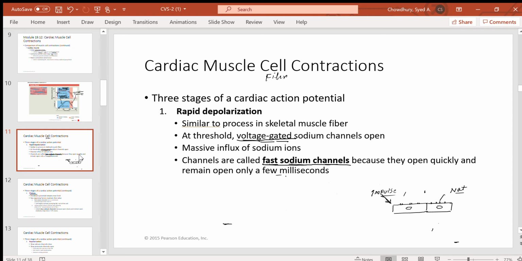Now remember, sodium concentration is always high outside. So when sodium channels suddenly open, sodium will rush in, plenty of sodium. So that will cause what? Sudden rise of depolarization.